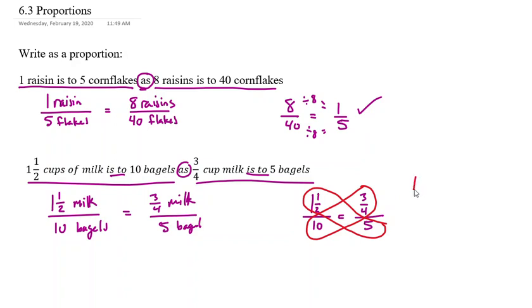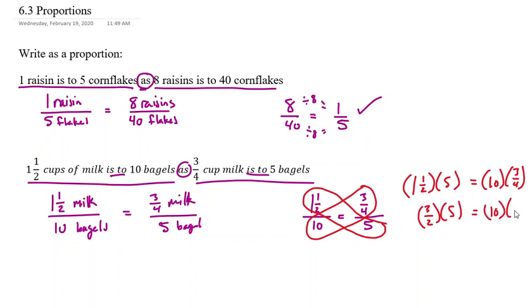So this would be 1 1/2 times 5 is equal to 10 times 3/4. Well, let's see, 1 1/2 times 5, it's easier to turn that into an improper fraction, so 1 1/2 is 3/2 times 5, and then 10 times 3/4.